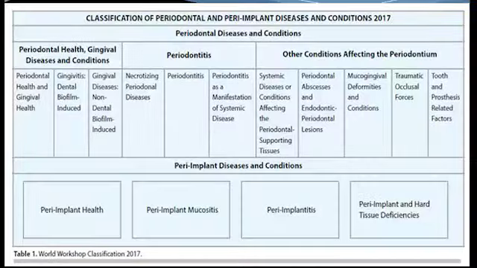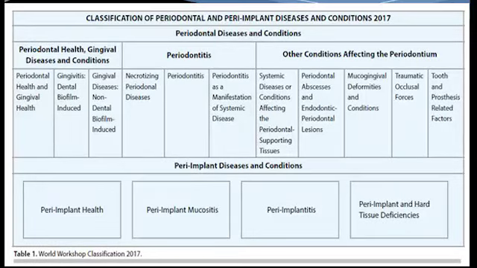This classification of 2017 is divided into two. Number one is the periodontal diseases and conditions, and the other one, as I told you, is the peri-implant diseases and conditions. In the periodontal diseases and conditions, there are three categories: periodontal health, gingival diseases and conditions, periodontitis, and other conditions affecting the periodontium.